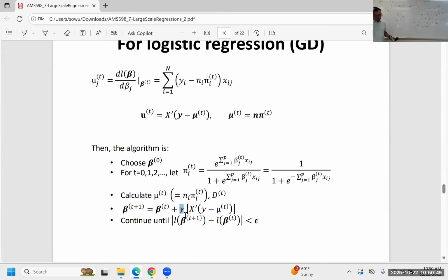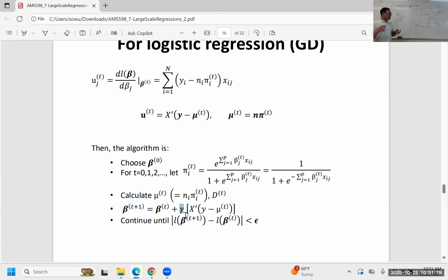So although this gradient method seems easier, the problem is how to choose gamma. There's a ton of research on the choice of gamma. The typical approach is, at the beginning of the search, at beta 0, if you have no idea, you want your step size gamma to be big because you want to take a big step.